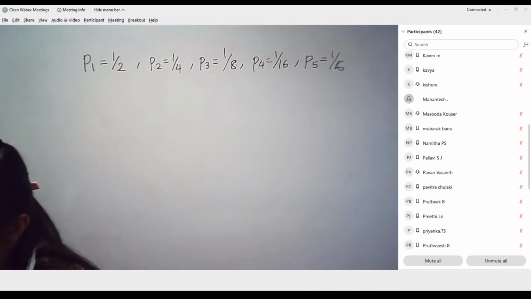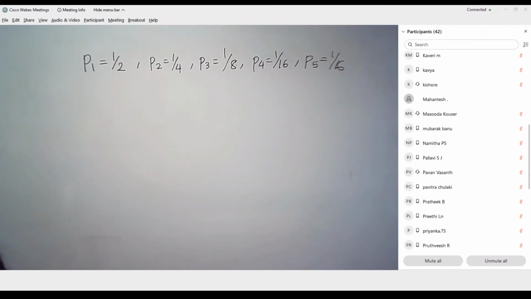Find the information content of these messages in bits.